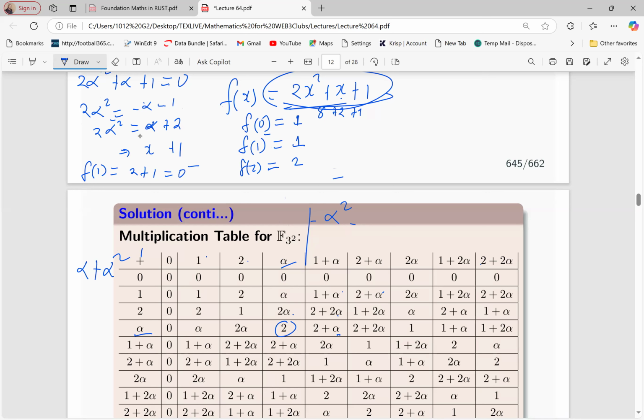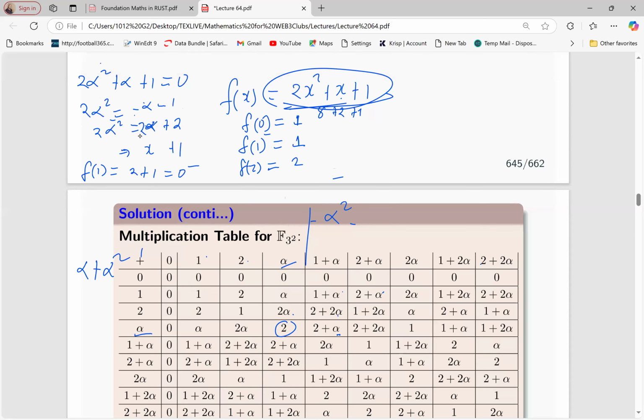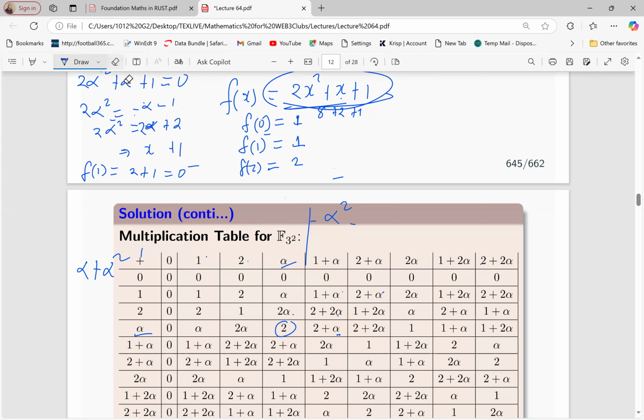Adding 3 to negative 1, you get a positive 2.